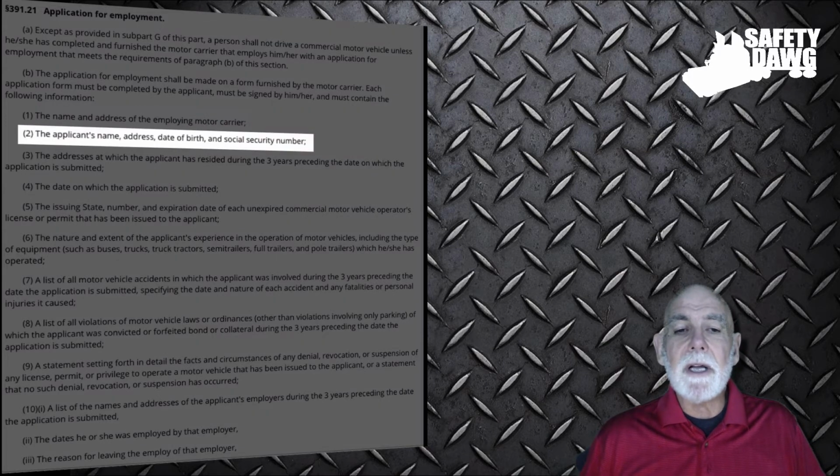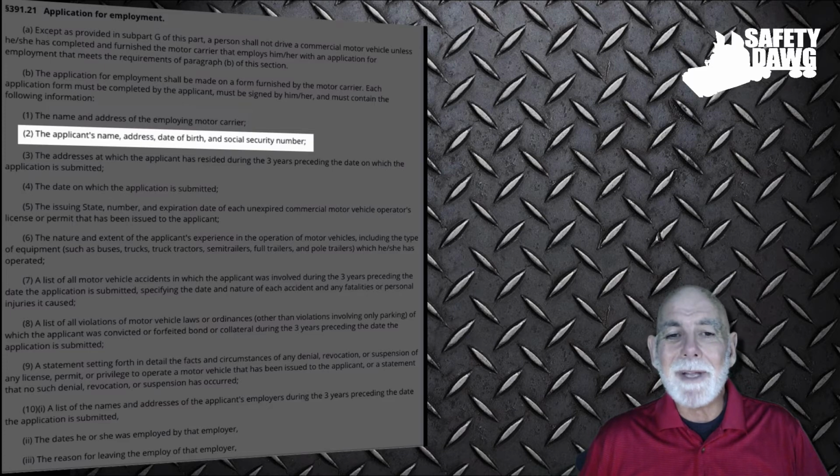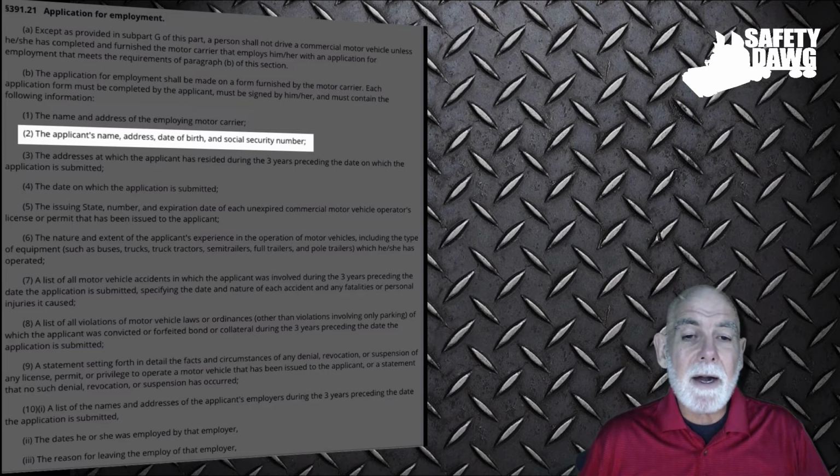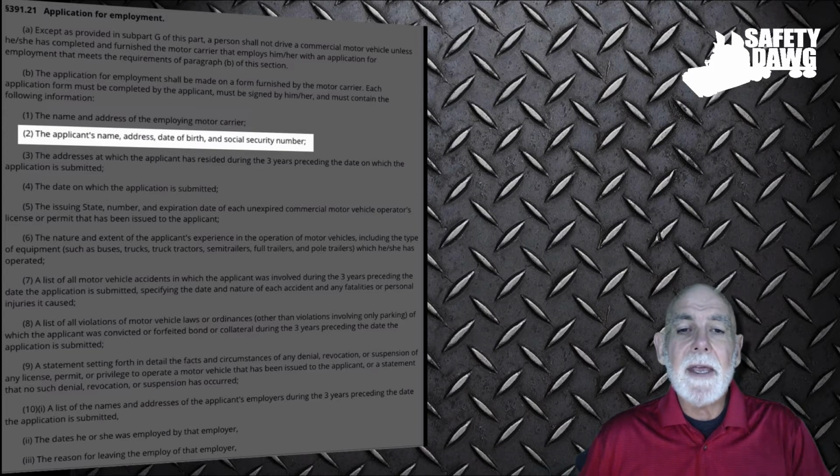The next one, of course, is the applicant's name, which is usually on the application form. The address is usually there. However, sometimes the date of birth is missing and the social insurance number is not completed. In Canada, I know that you ask for your social insurance number later on. In the United States, the social security number should be filled in at the time of the application.